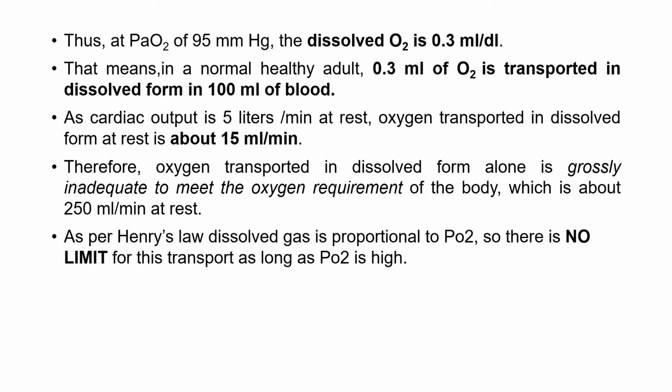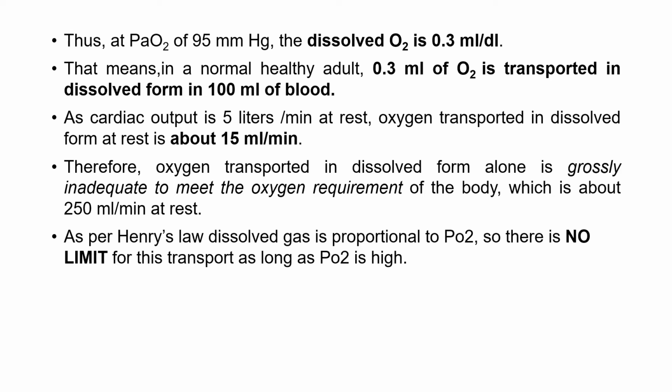Okay, but you see, this dissolved oxygen has one advantage for us also. As per Henry's law, dissolved gas is proportional to partial pressure of oxygen. So there is no limit for this transport as long as partial pressure is high.